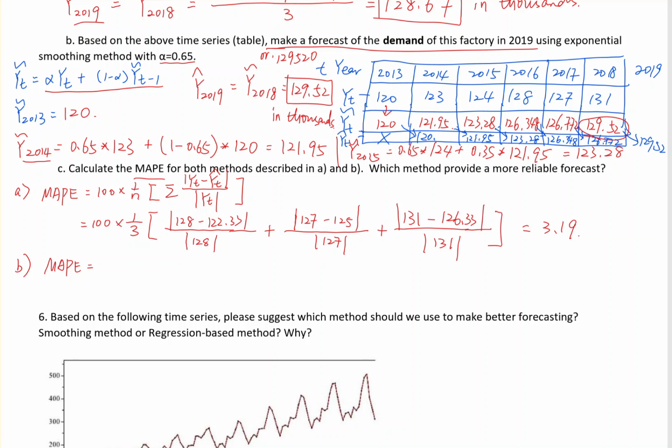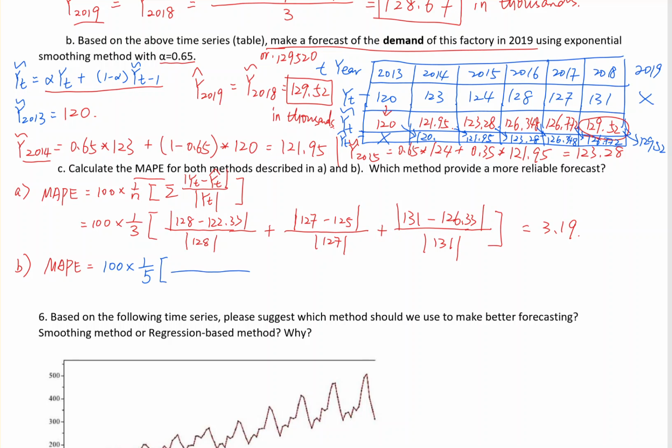Do you have any pair for 2019? No, because it doesn't have the observed value. So for the MAPE of the exponential smoothing method, we have 1, 2, 3, 4, 5 pairs. So what we need to do is sum the five of them.